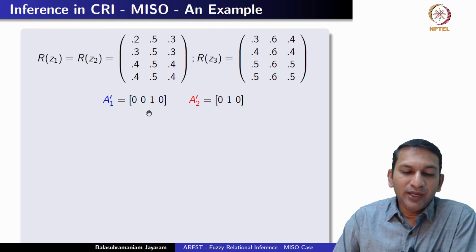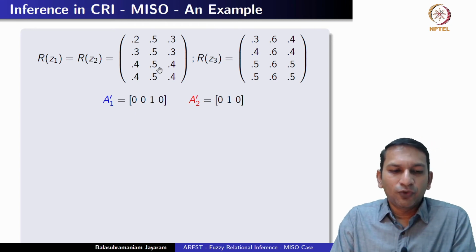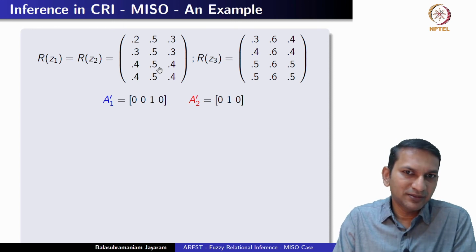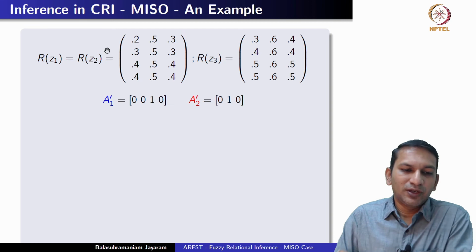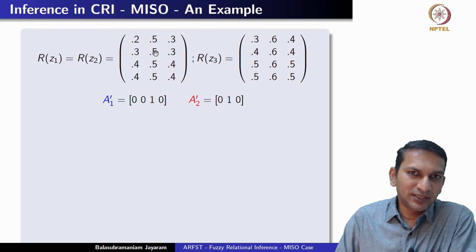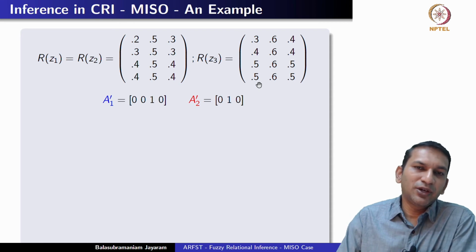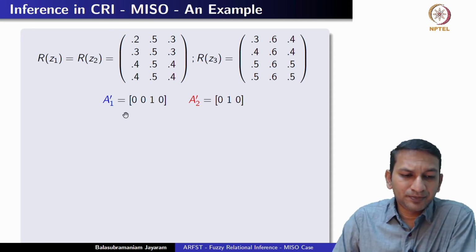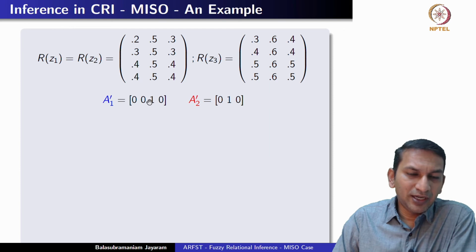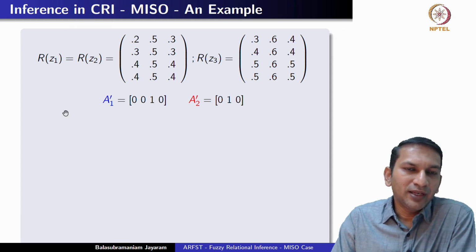Now, remember, R is a 4 cross 3 cross 3 matrix. So, when you fix one of those components, Z1, you get a 4 cross 3 matrix, but we have 3 such matrices. So, from the dimensionality point of view also, given these two, we need to be able to obtain a 4 cross 3 matrix to be able to compose.